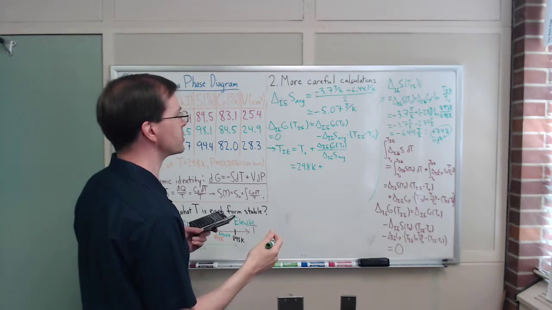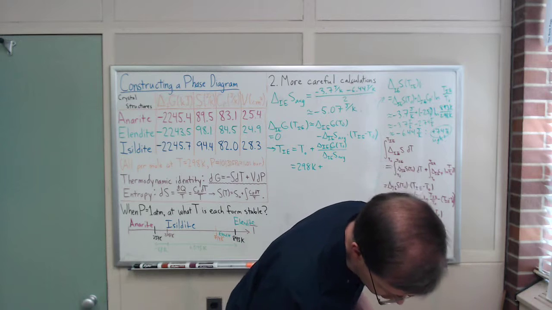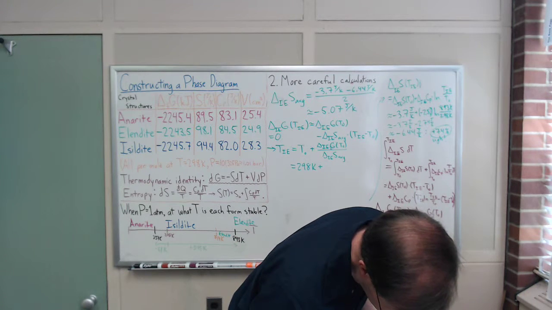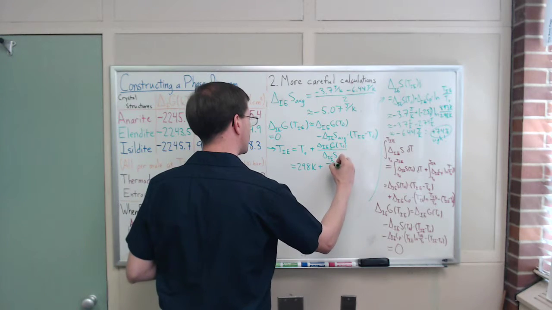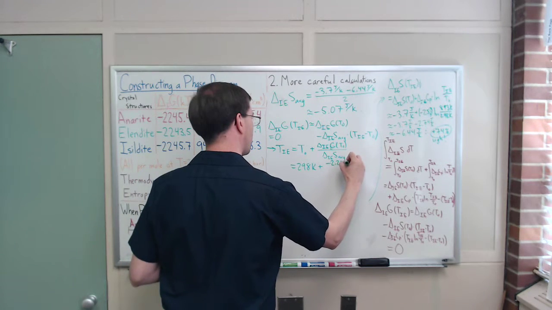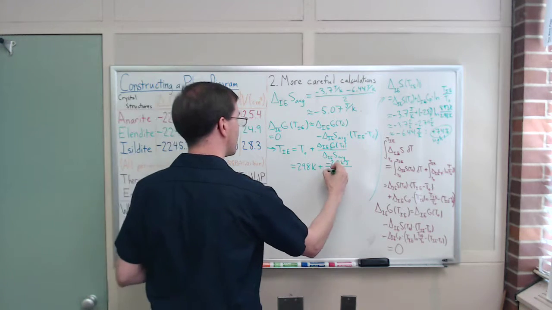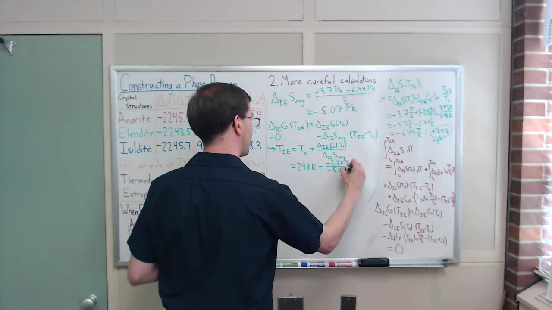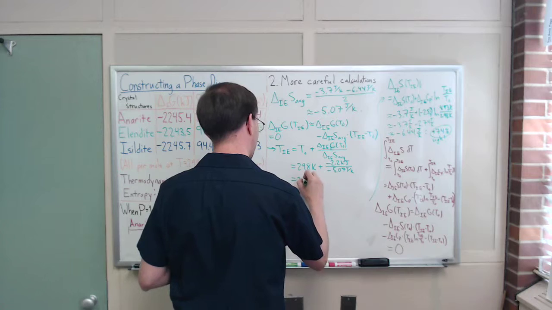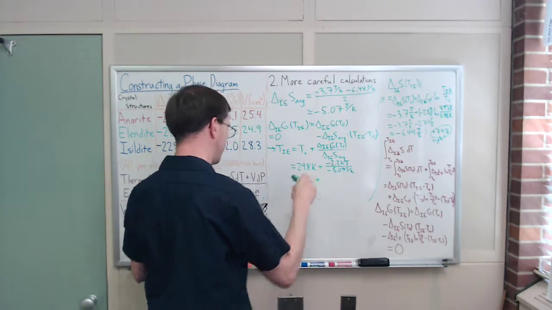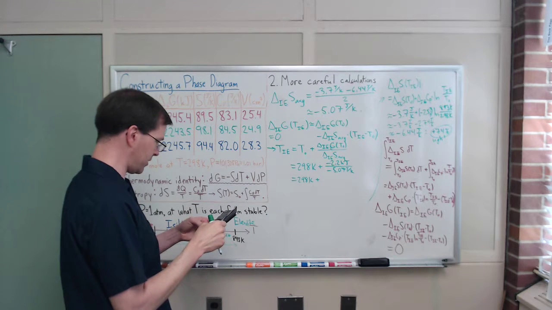Let me pull it out of my notes. My delta G was minus 2.2 kilojoules, so 2,200 joules, divided by my delta S average, minus 5.07 joules per Kelvin. That ends up being 298 Kelvin plus, the plus and minus cancel out, 1 over x times 2,200.